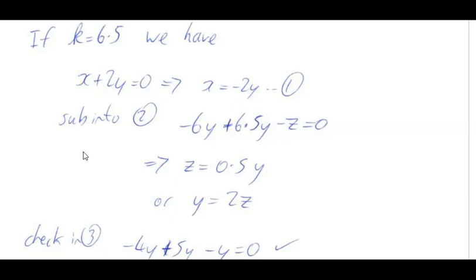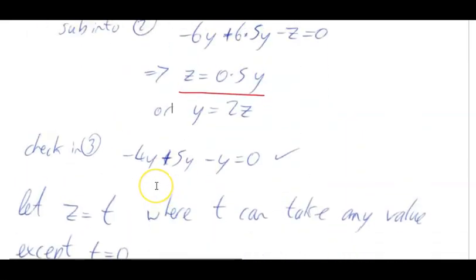If you sub that into equation 2, you get minus 6y plus 6.5y minus z is equal to 0. So you've got x is equal to minus 2y, and you've now worked out that z is equal to 0.5y. Then we can check that in equation 3, and it does work, so we have got that right.